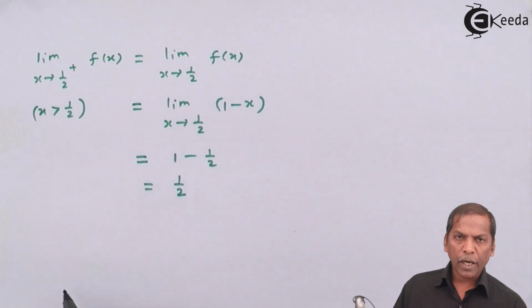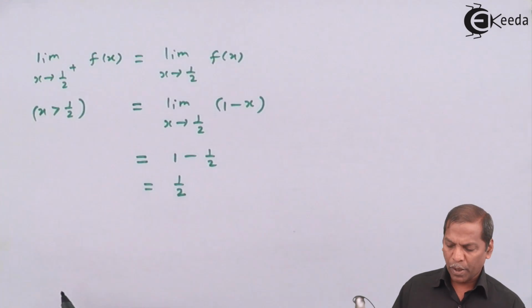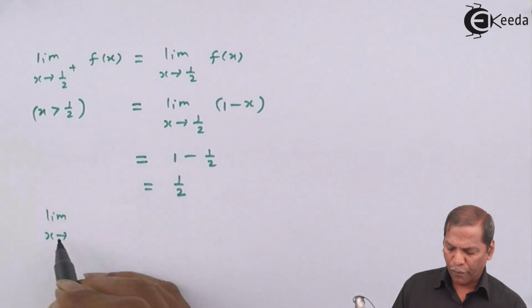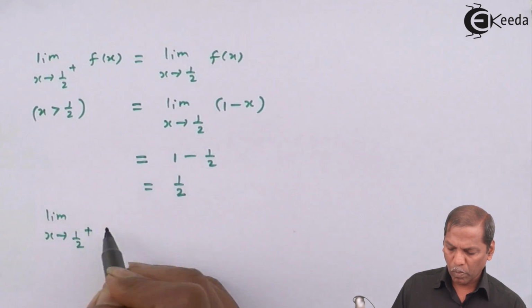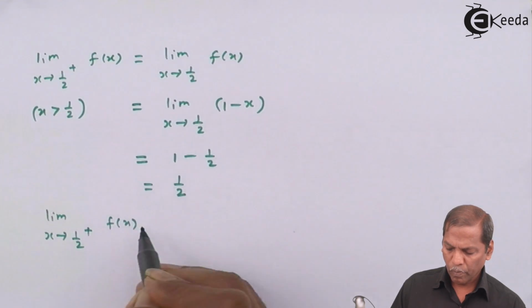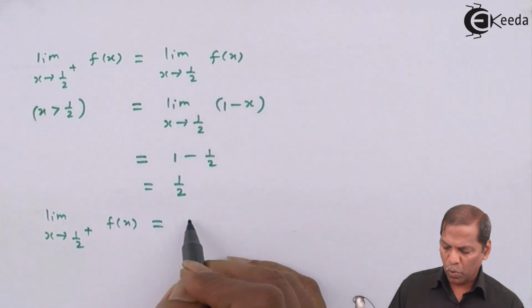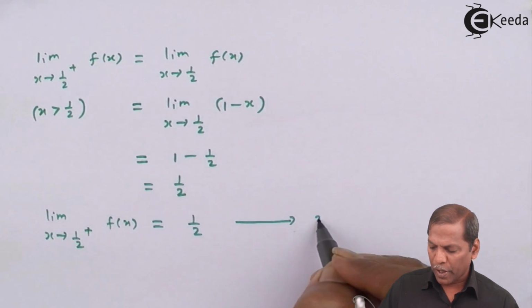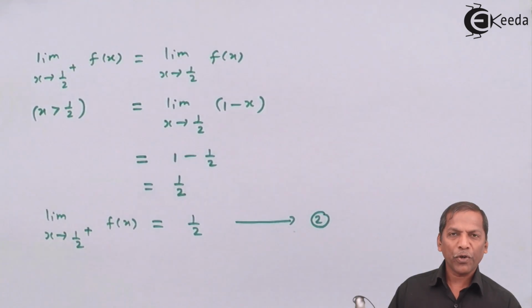So in this way, the right hand limit, that is limit x tends to 1 by 2 plus f of x, is equal to 1 by 2. Let us denote this as equation number 2.